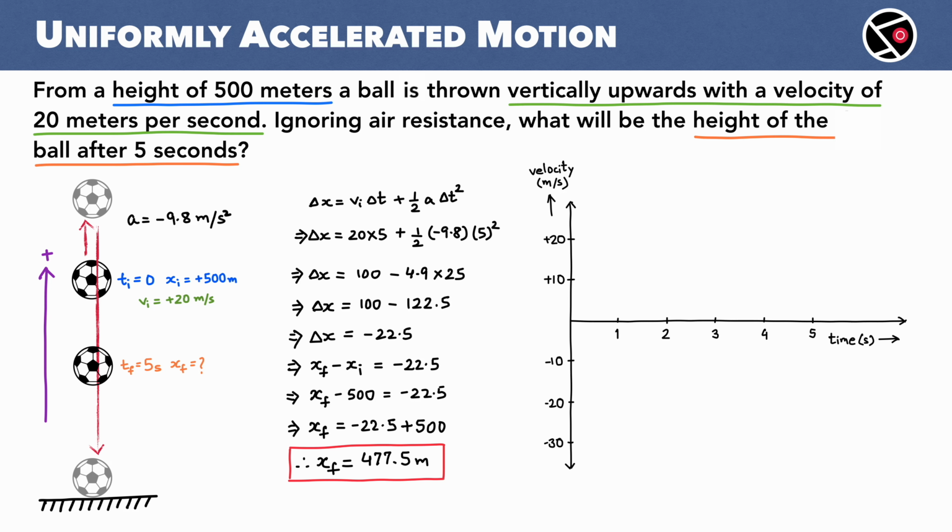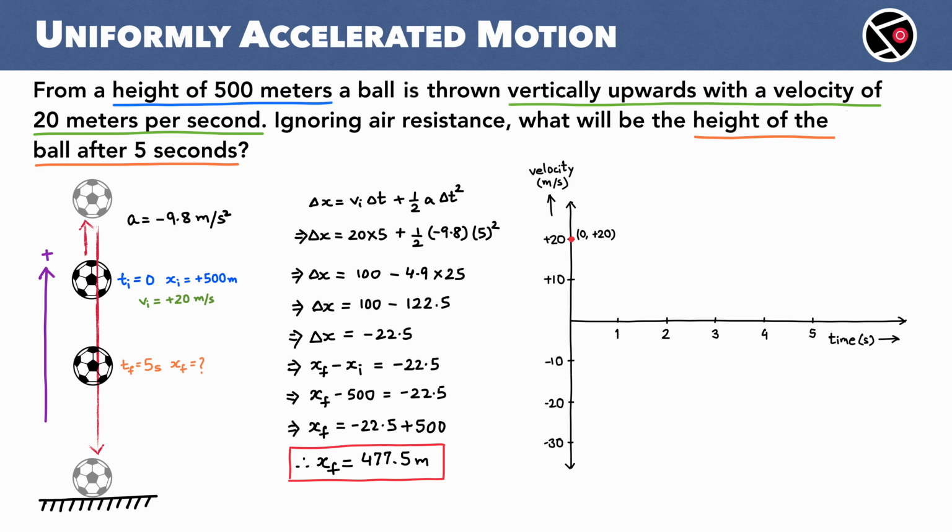At t equal to 0, the velocity is plus 20 meters per second. We know that the acceleration acting on the ball is minus 9.8 meters per second square.